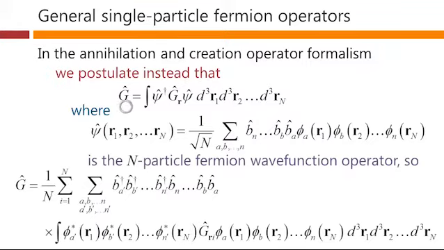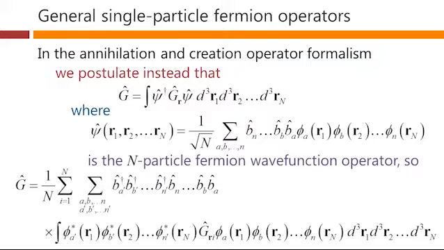So this operator overall becomes as we have in the following. As I said, buried inside this G of r is the sum over all of the different possible choices of coordinates r_i, so that sum we still have here. The 1 over root N, because it comes in twice, gives us 1 over N out the front. We get a list of annihilation operators and single particle wave functions corresponding to each of those single particle states here.